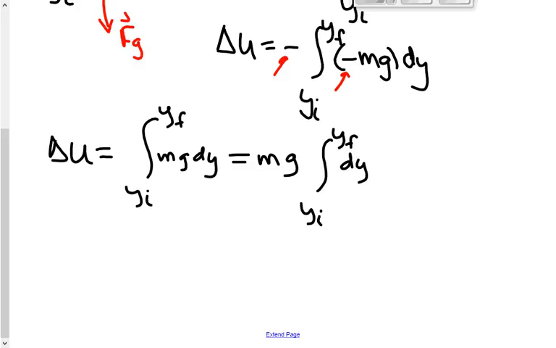So taking the integral is the inverse operator of taking the derivative. That's why I made such a big deal about inverse operators at the beginning of the year, that they undo each other. So what I want to do is take the antiderivative of the thing that's under the integral sign.